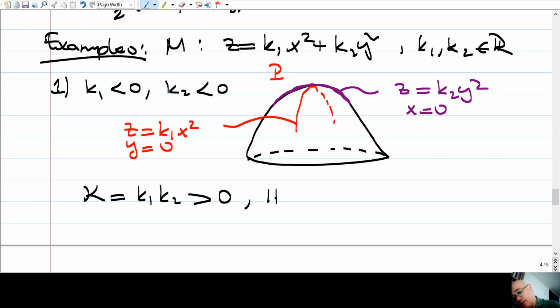Here, of course, I should point out that this is the point where x and y are 0, therefore z is 0. So it is this point.